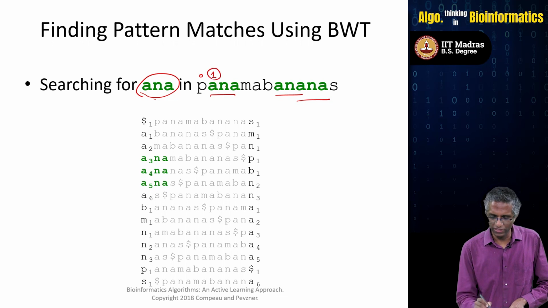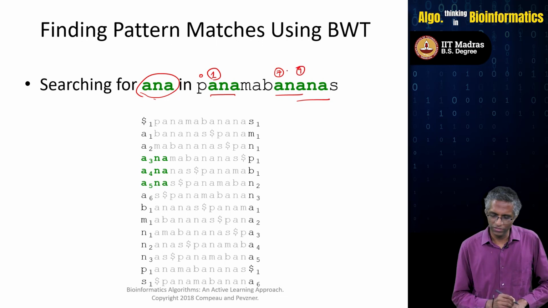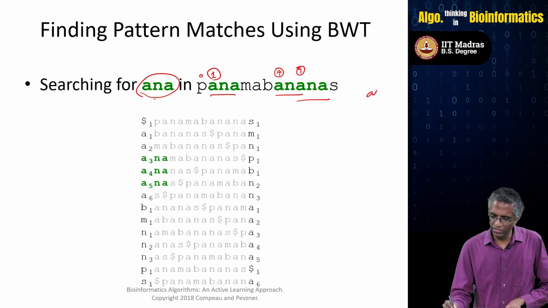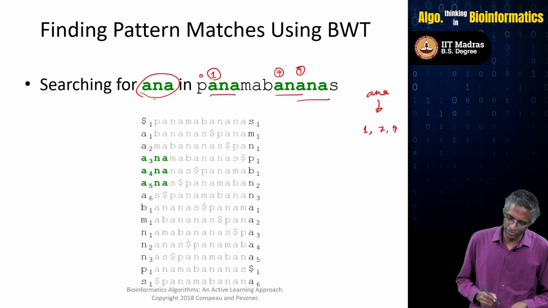So the first location it matches, then 2, 3, 4, 5, 6, the 7th location it matches, then 8, 9, the 9th location it matches. So if Anna is given as a pattern, then we need to output that it is present in location 1, location 7 and location 9. All 3 we have to print.